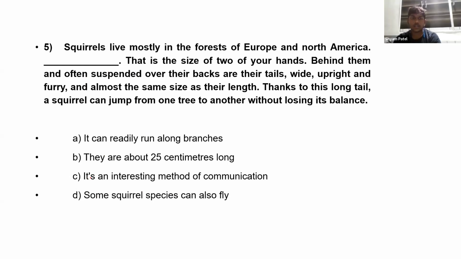Ma'am, because they have given that students live most in Europe and North America. And after the dash, they have given that that is the size of two of your hands. If they have mentioned the size, then your B option will be right, it's saying that it's about size. Very good.